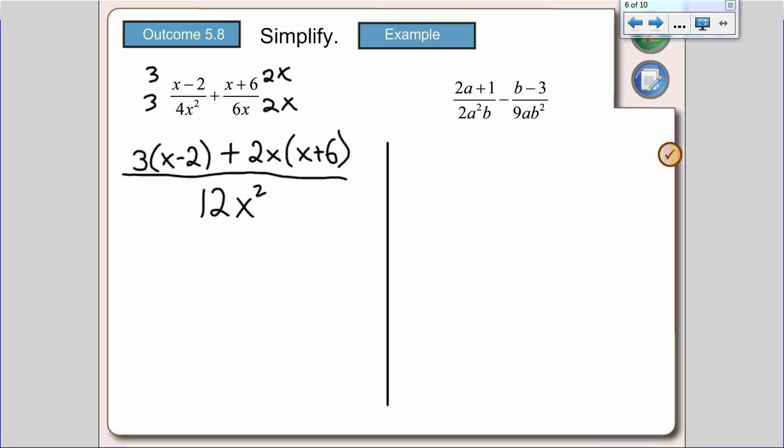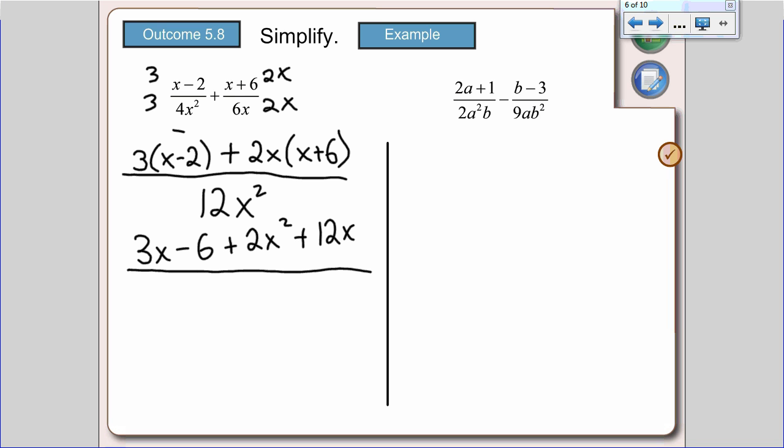Multiply your 3 into the brackets, multiply your 2x into the brackets. You're going to get 3x minus 6 plus 2x squared plus 12x, all divided by 12x squared. You then add your like terms. So x squares go with x squares.